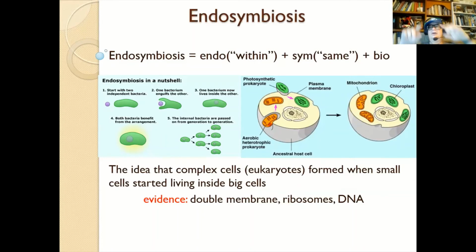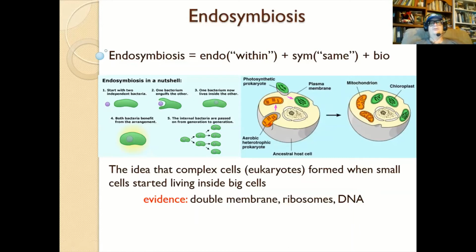And most of these things have a double membrane around them, almost like they had their own plasma membrane, and then when they were engulfed, when they were brought into the bigger cell, another membrane was around them. That's what you're seeing, double membrane in the mitochondria, double membrane in the chloroplast. So this is the type of stuff that we consider to be evidence.